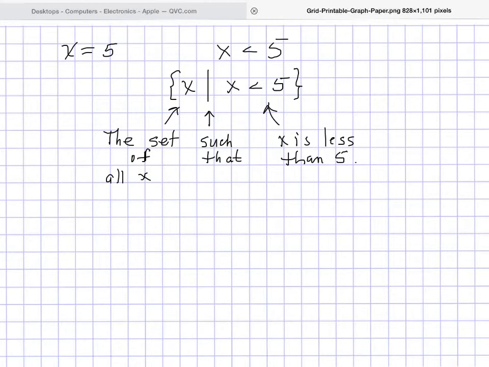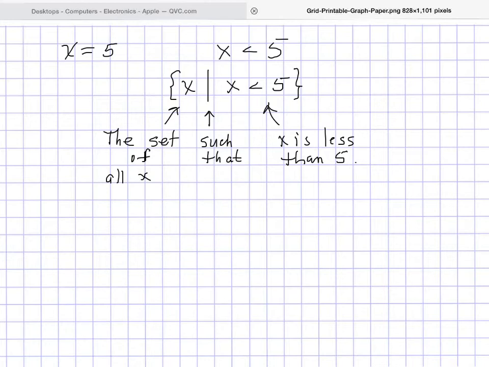That's one way to write it. It's called set notation, or sometimes called set builder notation. That's how you would read that.